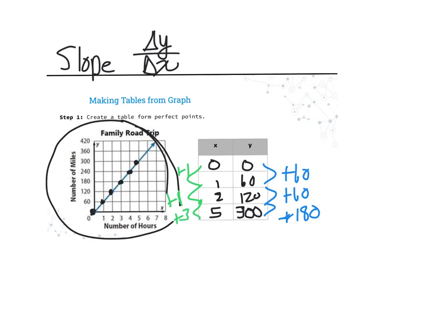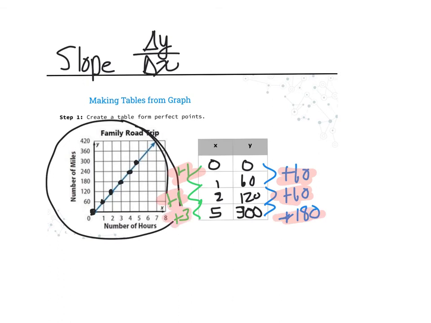Remember, when we're setting this up, we want to compare numbers that are in similar locations. What I mean by that is 60 is with 1 here, this 60 is with 1 here, and this 180 is with this change of 3 here.